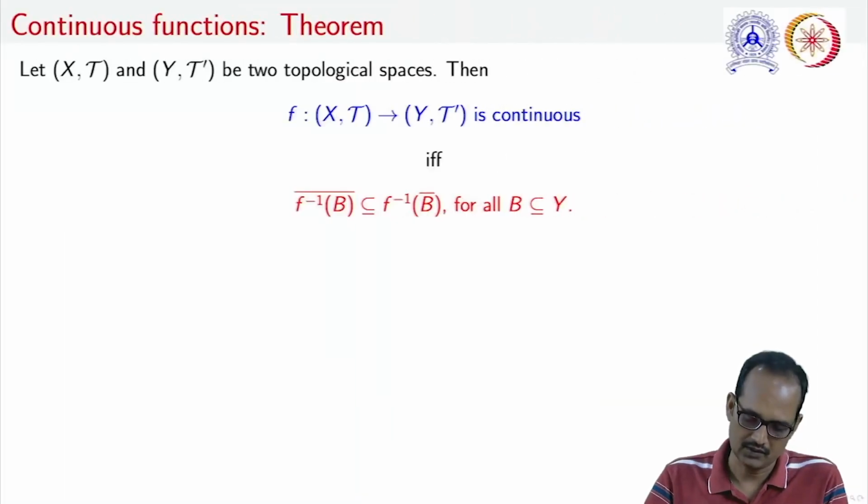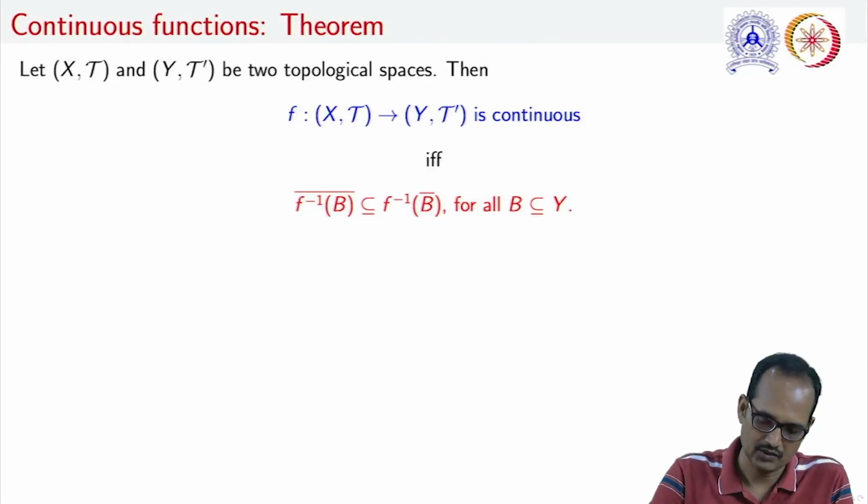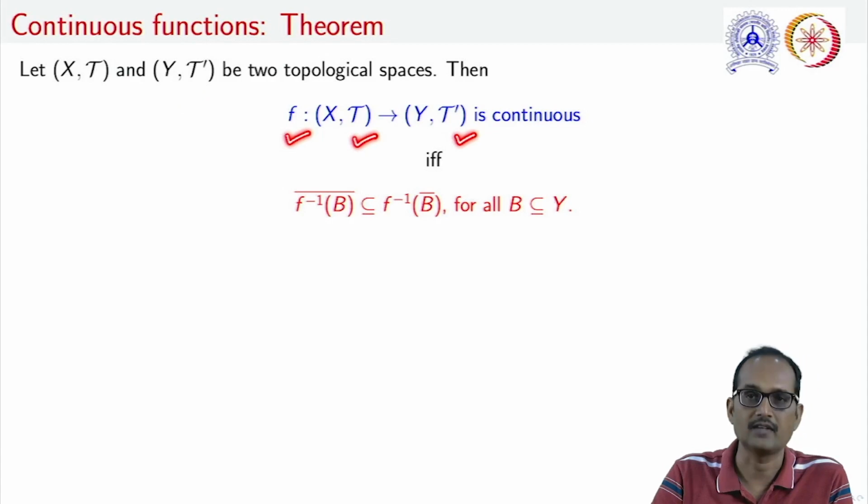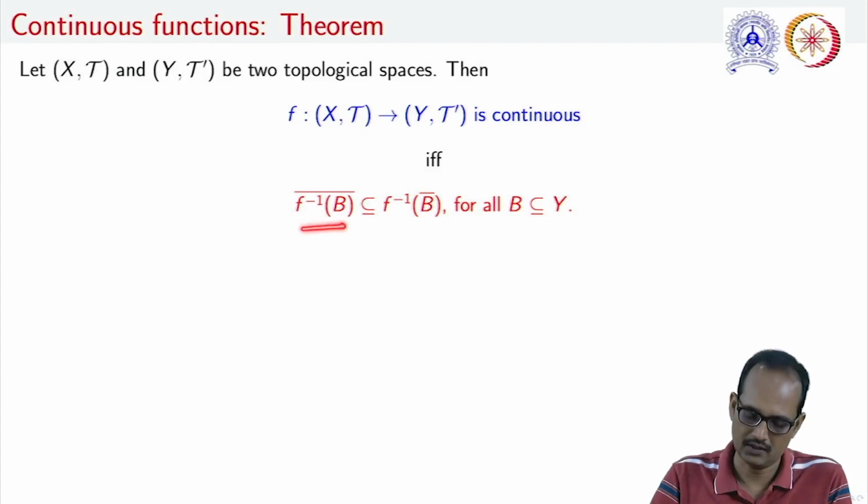The statement of this theorem is as given: if we are having two topological spaces (X, τ) and (Y, τ'), then the function f from (X, τ) to (Y, τ') is continuous if and only if closure of f inverse(B) is a subset of f inverse(closure of B) for all B subset of Y.